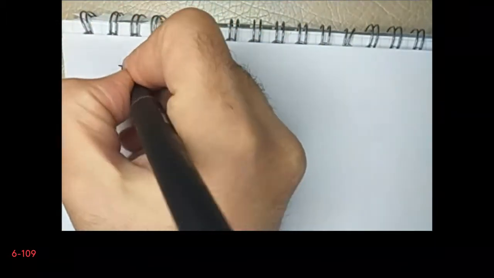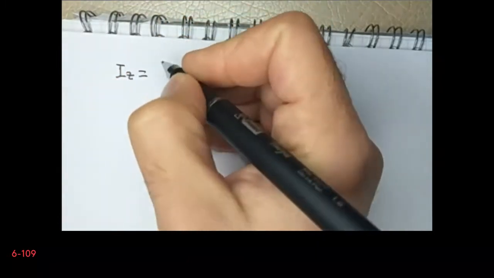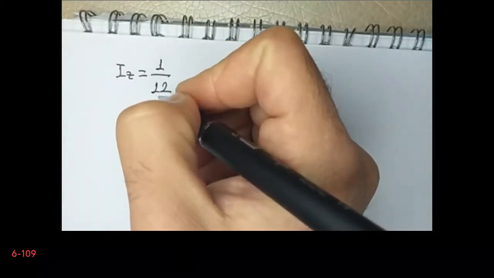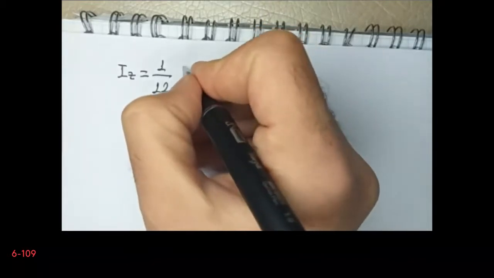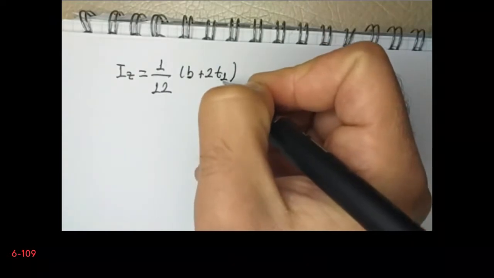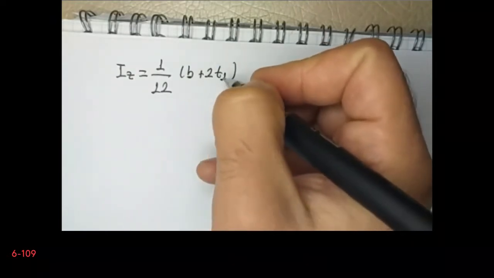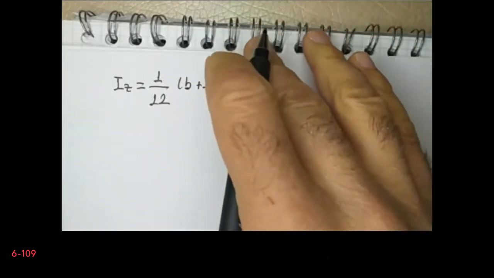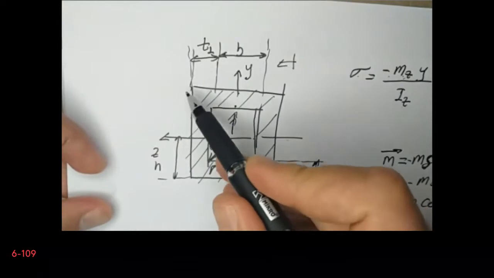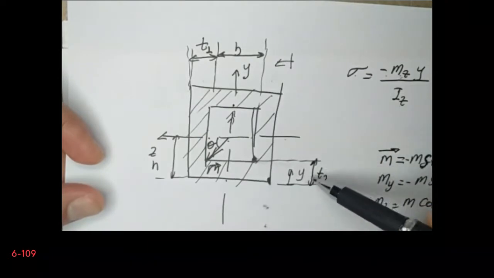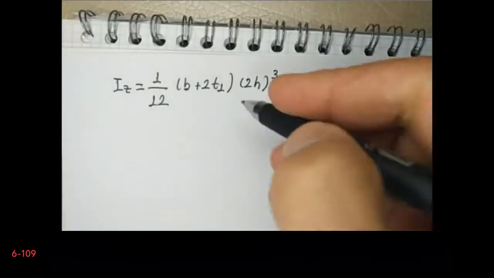Iz is equal to 1/12 the width, where the width is equal to b plus 2t1, multiplied by the total height of the cross section, and that is 2h, cubed. So this total width is b plus t1 plus t1, and the total height is h plus h, 2h, minus 1/12.